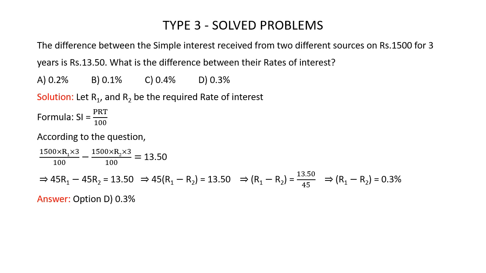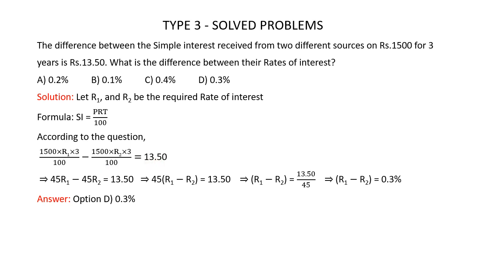So according to the question, 1500 multiplied by R1 multiplied by 3 divided by 100, which is the simple interest received from the first source, minus 1500 multiplied by R2 multiplied by 3 divided by 100, which is the simple interest received from the second source, is equal to 13.50.